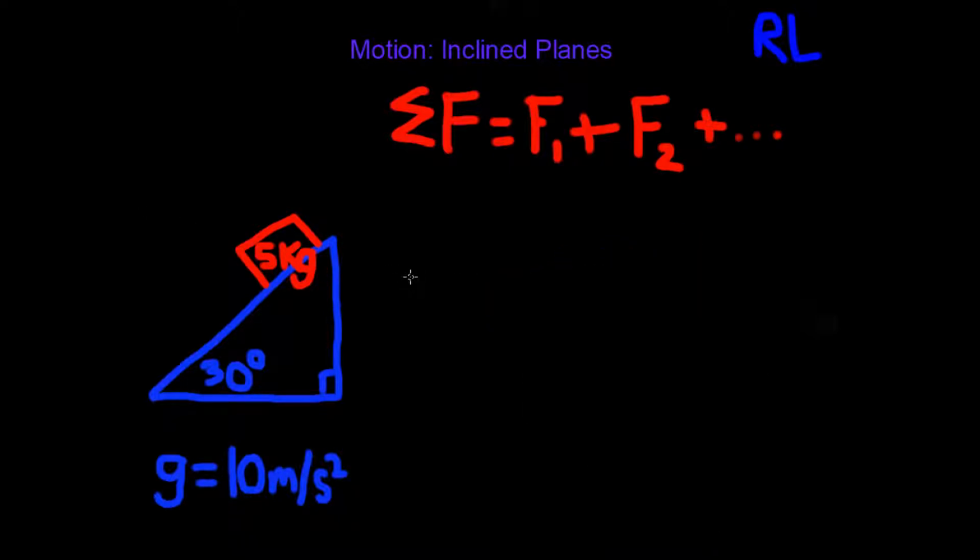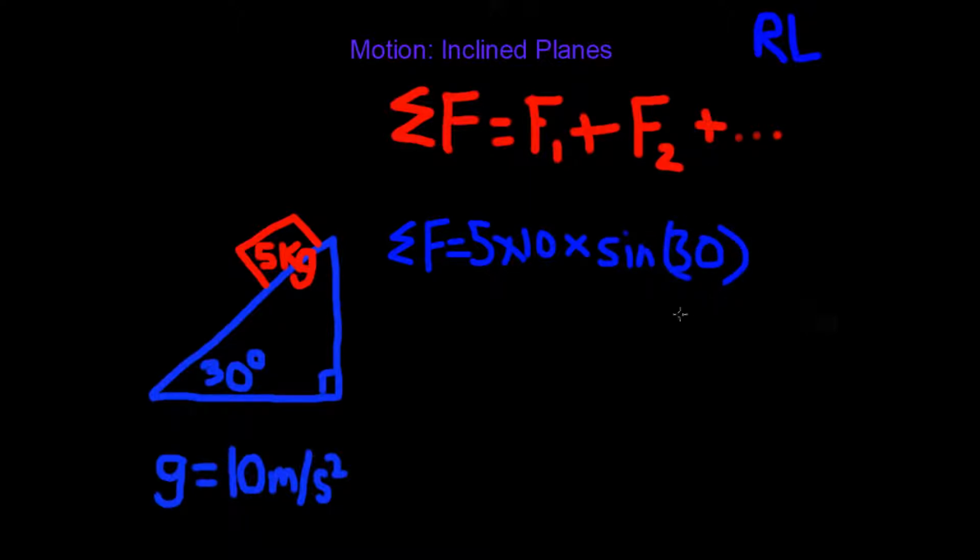Therefore, for the example we've been given in this video, our net force will just be m times g, 5 times 10, times sine 30. That's going to be 50 for 5 times 10, and sine 30 is just equal to a half. 50 times a half is 25 newtons.